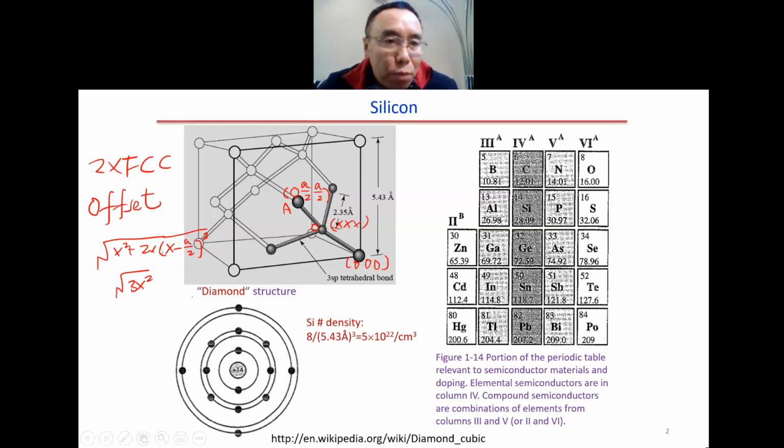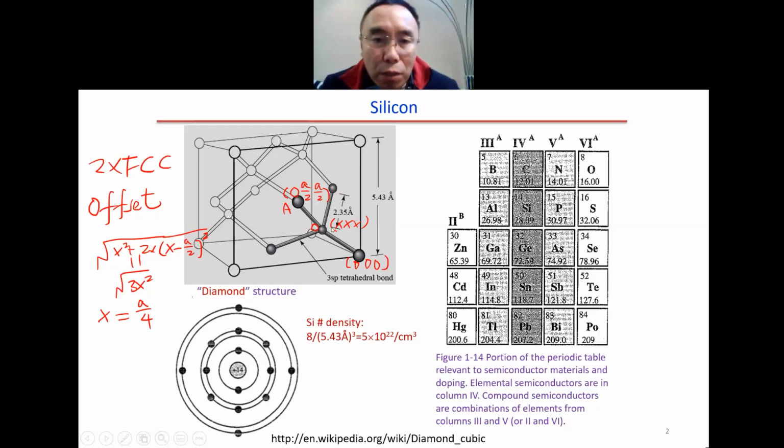I will set them to be the same. If they are equal to each other, we can find that x equals a over 4. That means the second face-centered cubic is offset along the diagonal direction by a over 4.